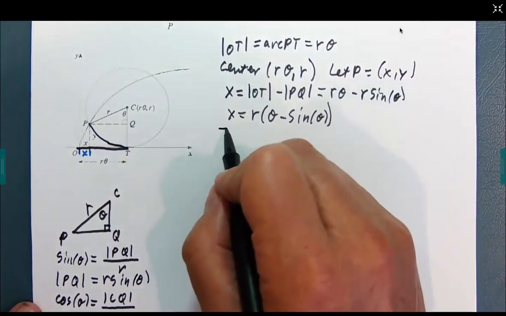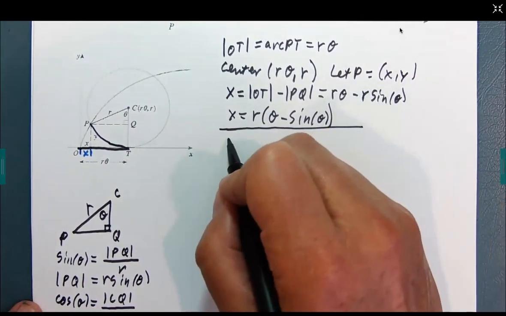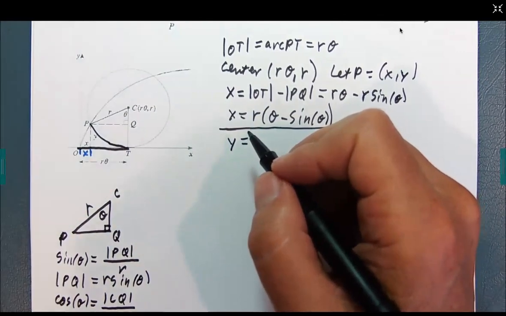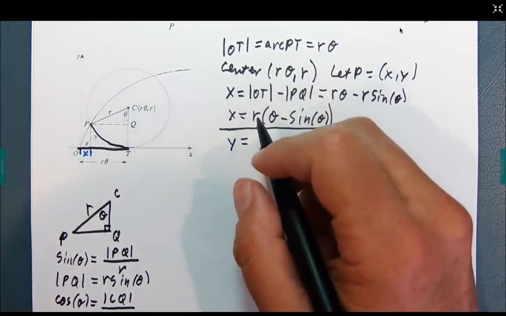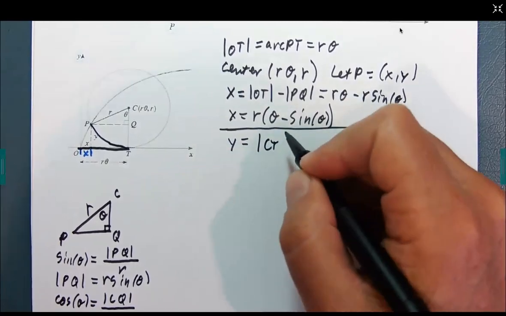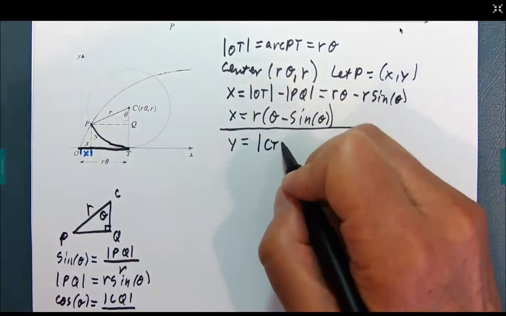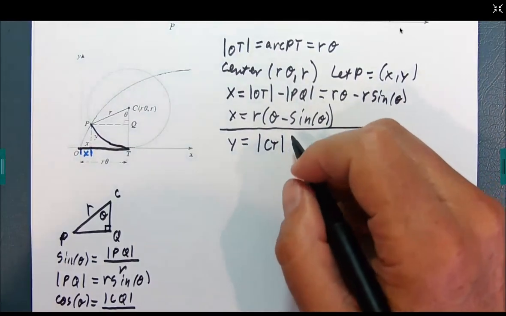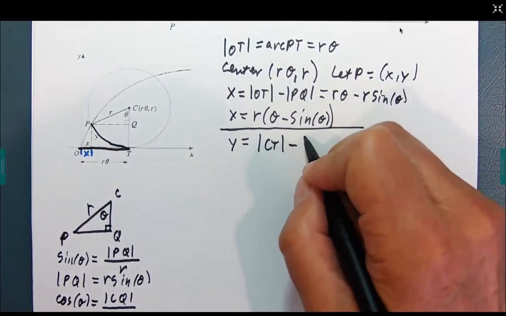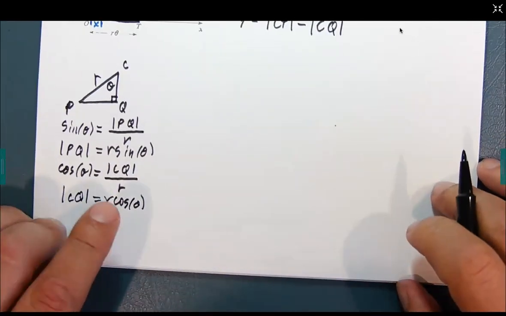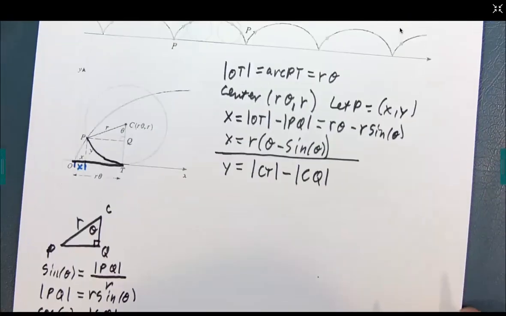Let's talk y now. Y, that's this full distance here, is going to be CT. That's CT, that's this whole length here, minus CQ, which we defined down here, our cosine theta.